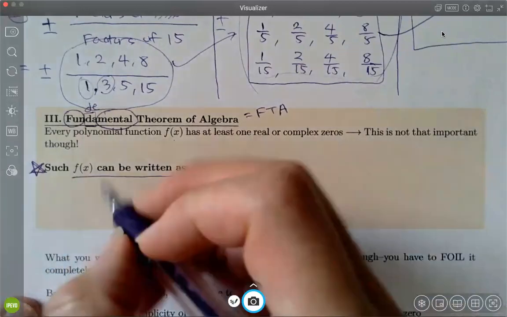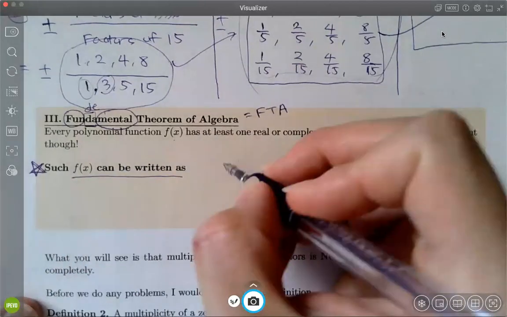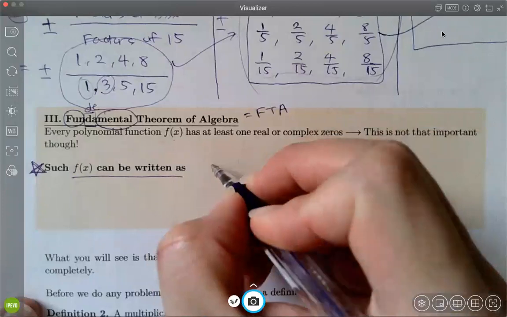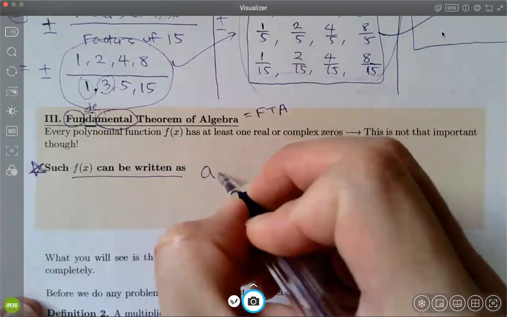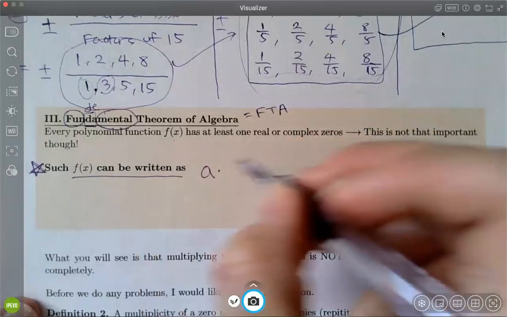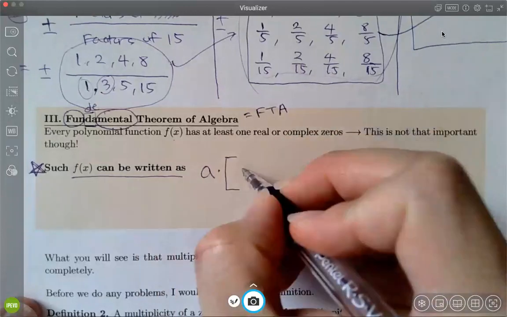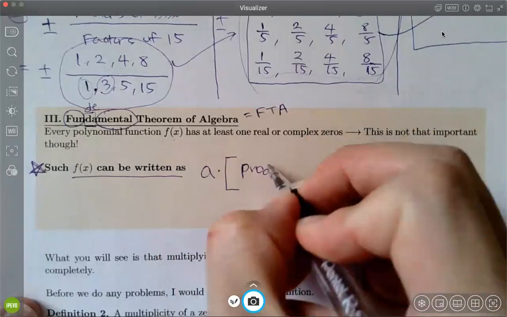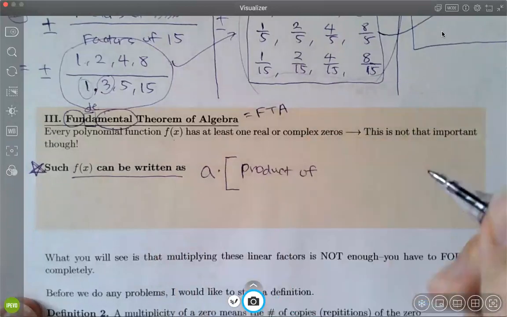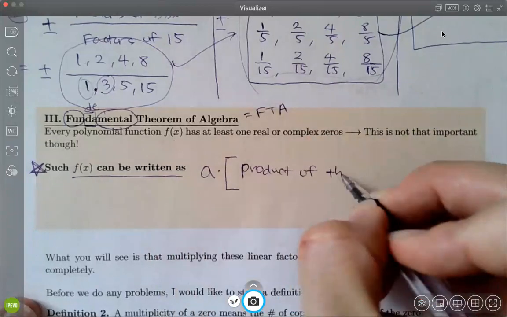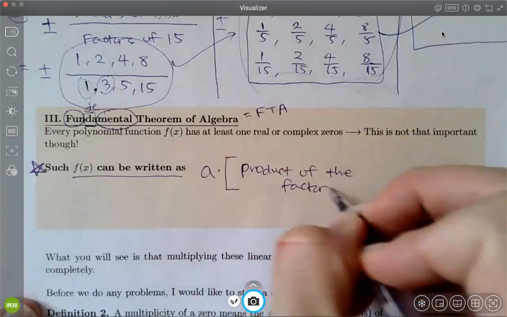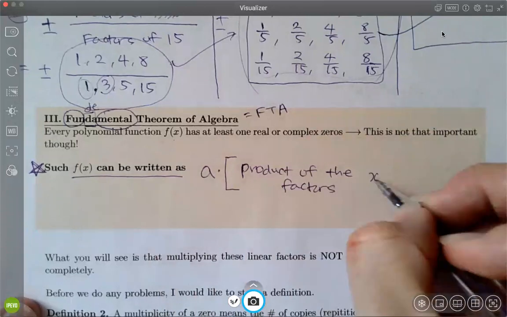so here I have to be a little bit careful. a times, and then let me put this square bracket here, the product of the factors x minus k.